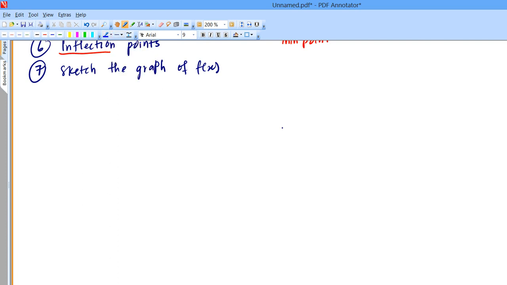Okay, for example, we have function f(x) equal to 2x cubed minus 12x squared plus 16x. And then how to find x and y intercept. Okay, for 1 Roman, I want to find x and y intercept.